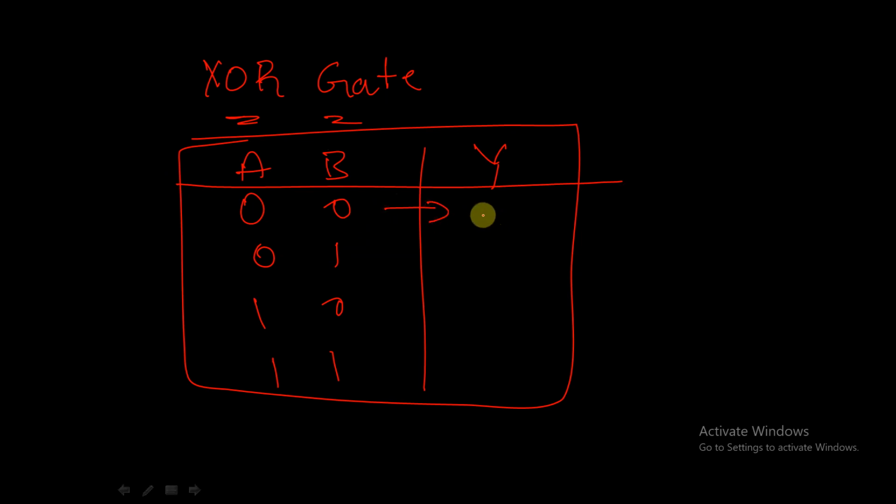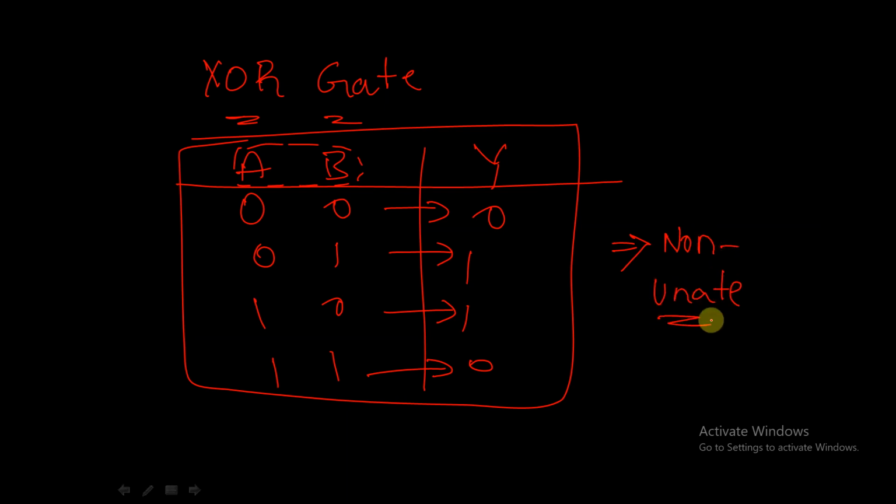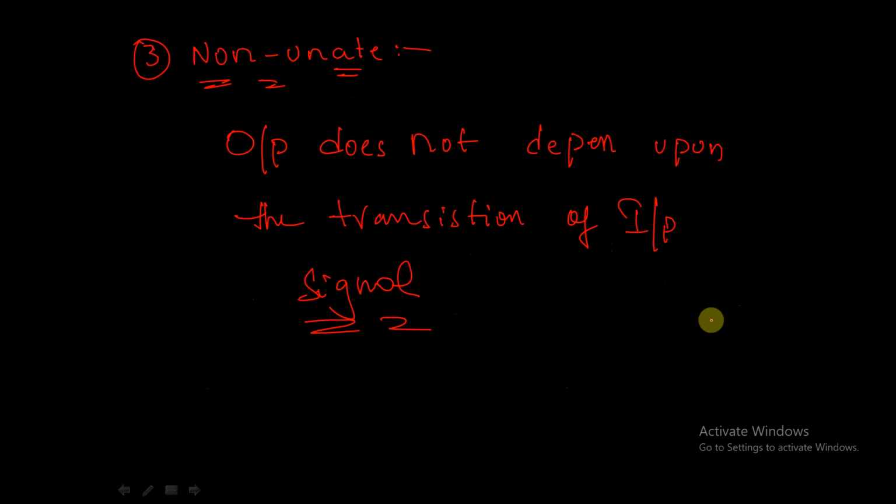Both the inputs, yes. So that's why this type of unateness is called non-unate. The output of this particular gate is not dependent upon only one input transition. It depends upon other inputs also. Is it clear?